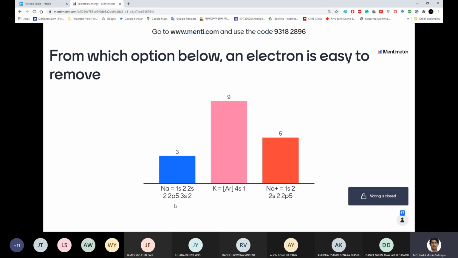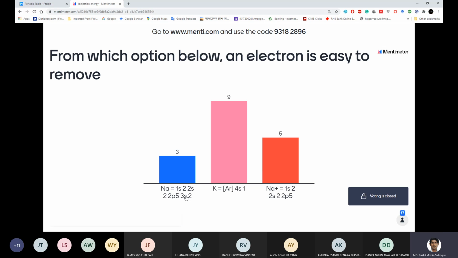So the first thing is that here it was sodium, but it was given as 2, 4, 5, 9, 11 actually, right? It is 11, and it was supposed to be sodium negative, but that was my typing mistake. It was supposed to be sodium negative so that it has 11 electrons.